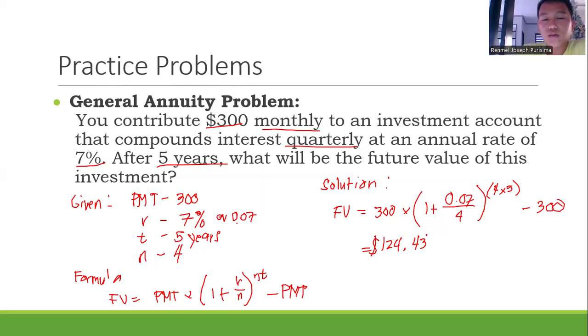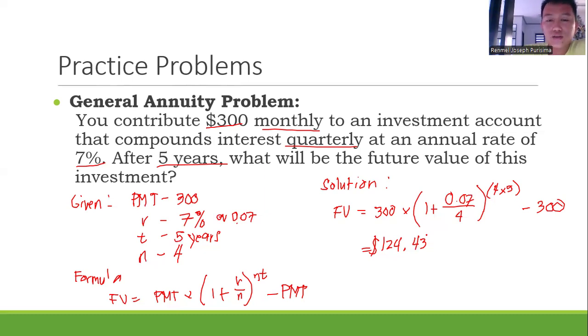So if you are contributing $300 monthly to an investment account that compounds interest quarterly at an annual rate of 7% after 5 years, that would be the future value of your investment.